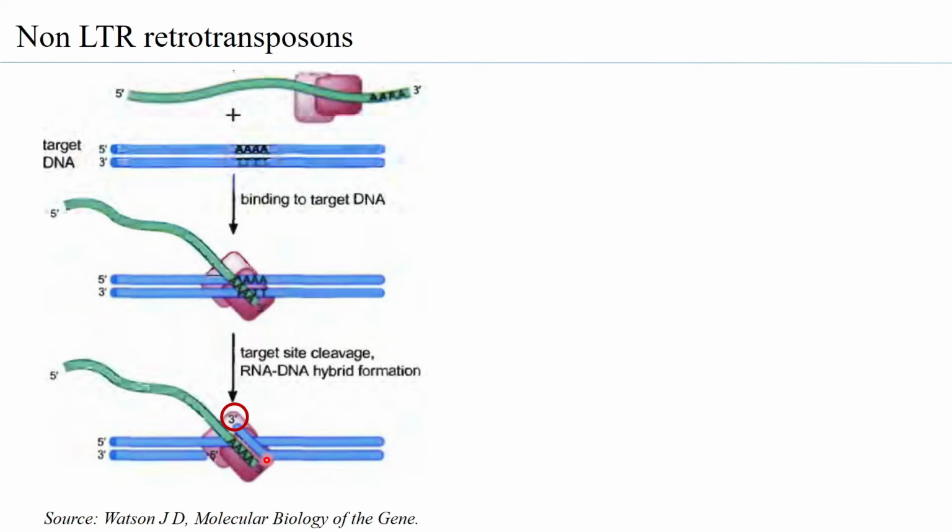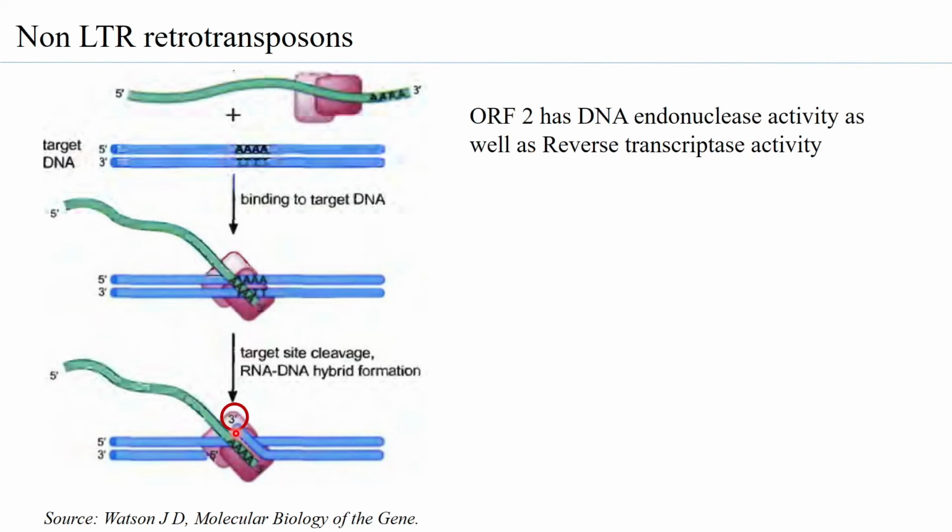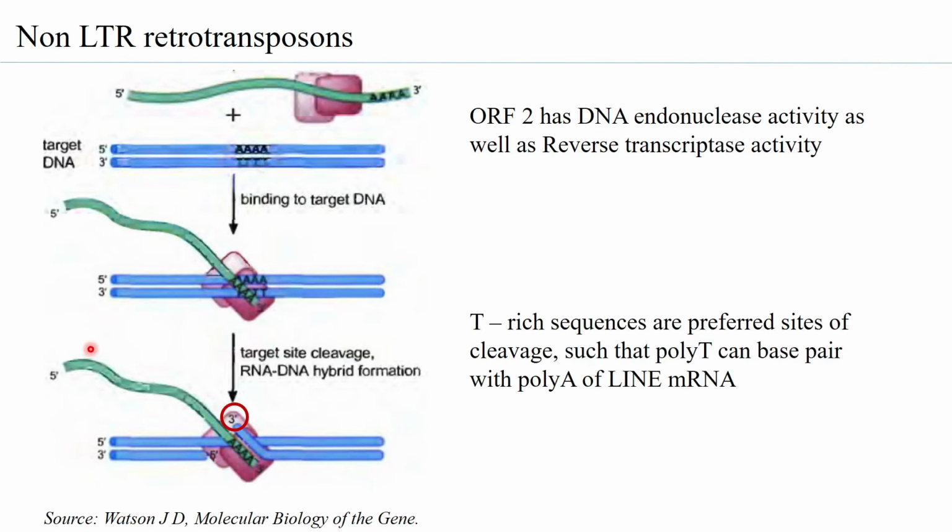Because the cut has been formed, the target DNA 3' is exposed over here, and using this 3', the ORF2, which has both DNA endonuclease activity as well as reverse transcriptase activity, will use the RNA as a template and synthesize the complementary DNA. So you can very well see over here, once the poly A tail primes or is bound to the target, only then the complementary DNA is formed.